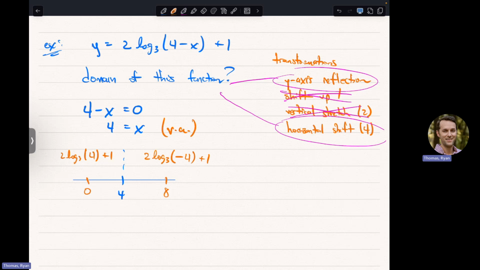Is this a real number? If you're not sure, grab your calculator and punch it in, right? The thing to look at is not the times 2 or the plus 1, but the log. Can you take the log of 4? Yeah. Can you take the log of negative 4? No. That means the domain's to that side.